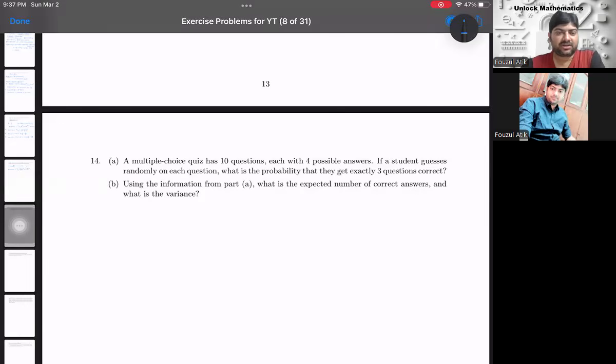Multiple choice means you have one correct answer among the 4 options. Now, if a student guesses randomly on each question, what is the probability that they get exactly 3 questions correct?